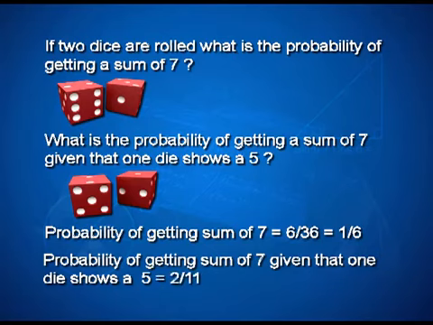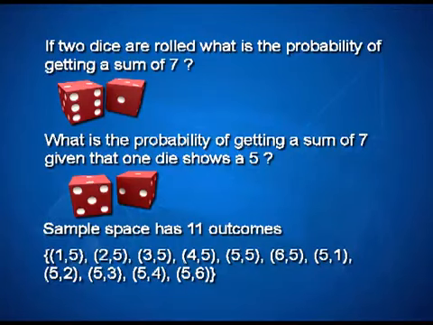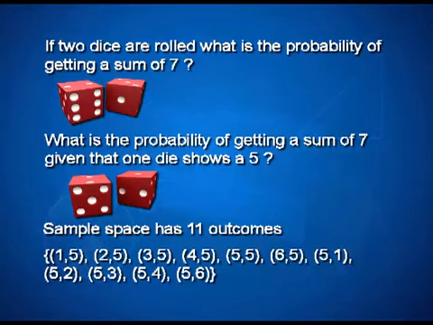So, now instead of a sample space of 36, our sample space has shrunk to 11 outcomes, and out of those 11 there are 2 favorable for getting a sum of 7. And this is what we are going to be talking about as conditional probability.